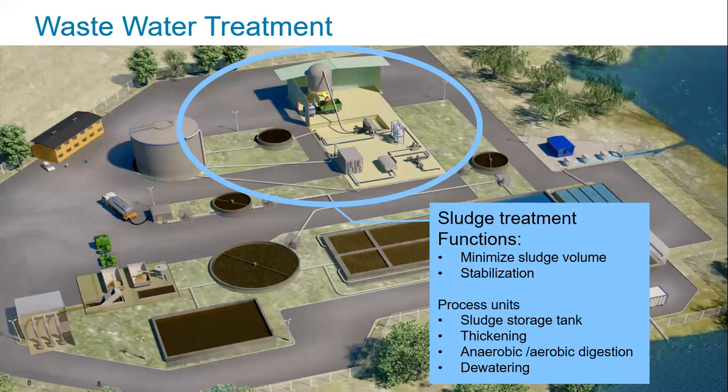So we obviously treat our wastewater and discharge it into watercourses generally, but we do have some elements of secondary waste production from those processes. So that's generally in the form of sludge.